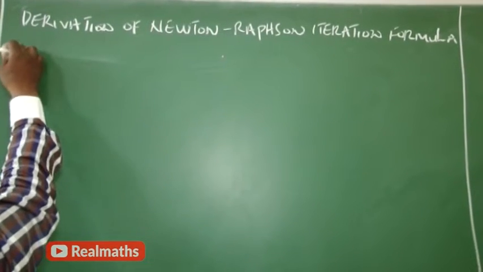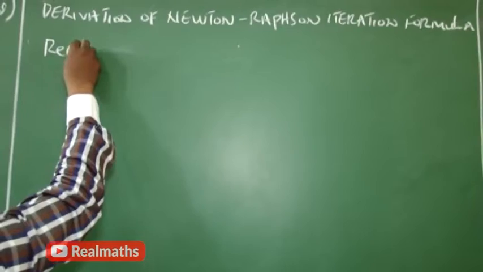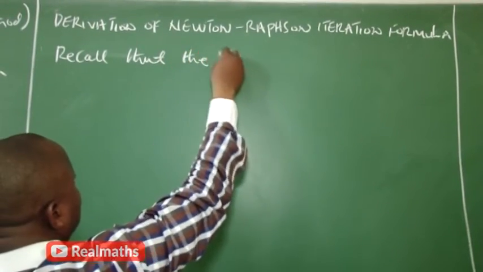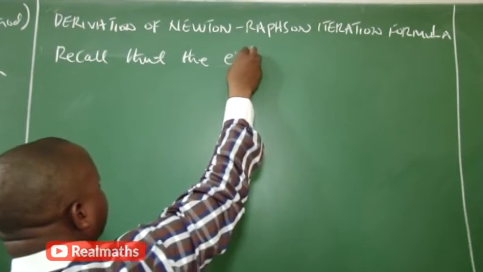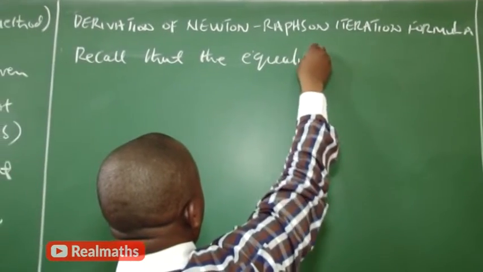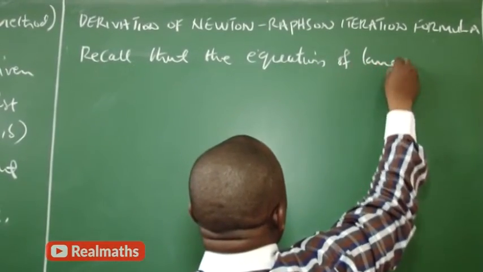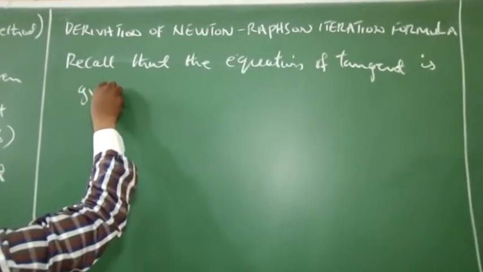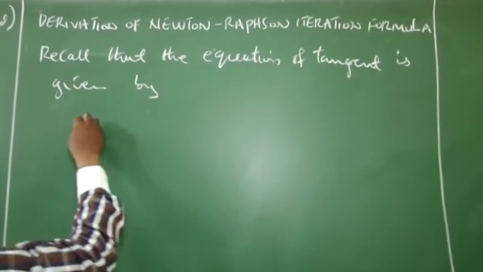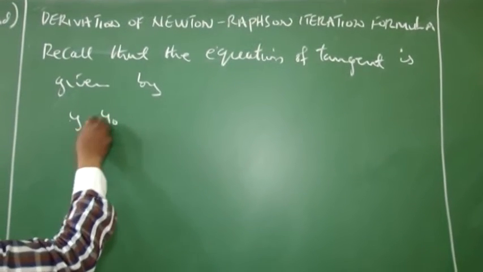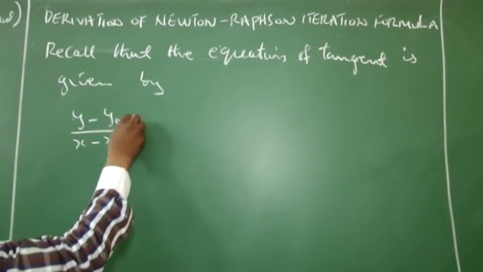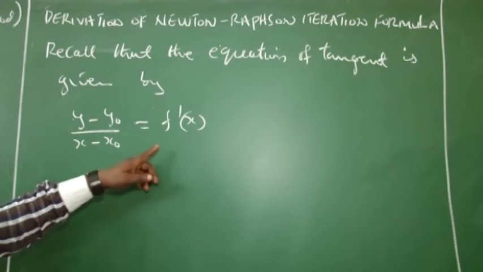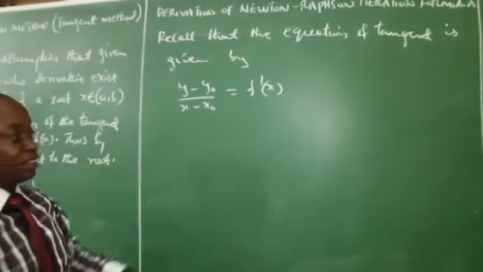Now, we recall that the equation of the tangent is given by x minus x0 equals f prime of x, where f prime of x is the gradient.